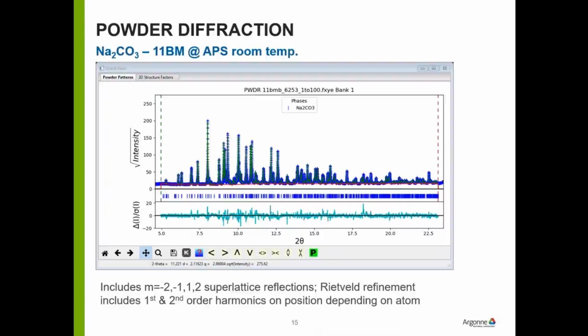It's because probably 2/3 of the peaks in here are superlattice reflections, something like that. And so this was fit through a refinement of a 4-dimensional object, which is the XYZ, and then there's an additional 4th dimension for the modulation. And it included 2 orders of harmonics for the atom positions. I'll talk about that in a second.